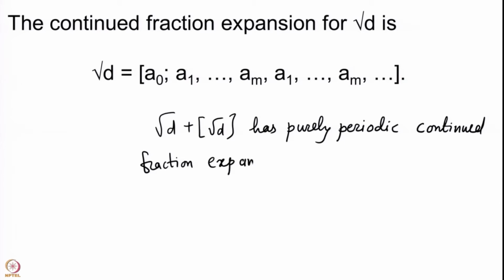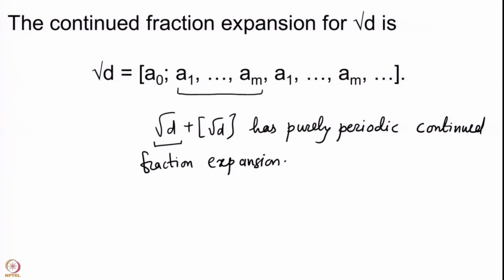This is a result that we have seen, which means that the continued fraction expansion for root d will change from the continued fraction expansion of root d plus integral part of root d only in the first place because you are adding or subtracting an integer. But from second place onwards the periodicity has to start.